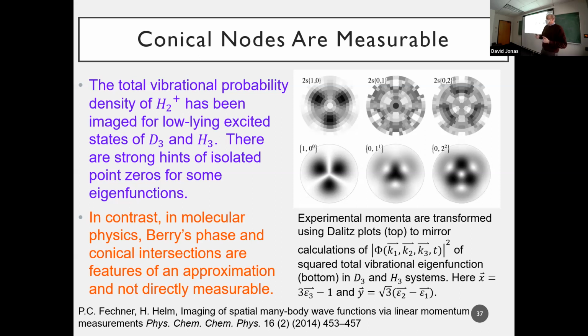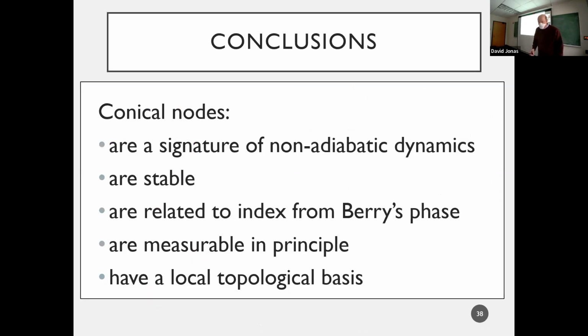You can look for signatures of the kind of dynamics that they cause, but you don't have any direct way to measure that they're there or not. And so it makes me wonder whether we should be looking for direct signatures of conical non-adiabatic dynamics by looking for things like conical nodes on the experimental side.